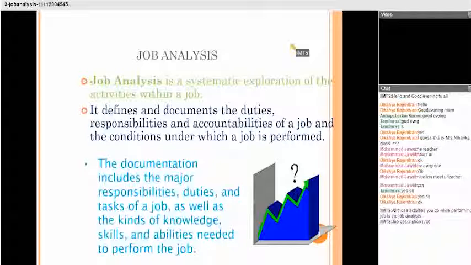Whether you see Naukri.com, Monster.com, there are n number of job portals available. If there is any recruitment vacancy, they display all the skills and abilities required and all the responsibilities which need to be performed by the employee while performing that job role. So that is job analysis.